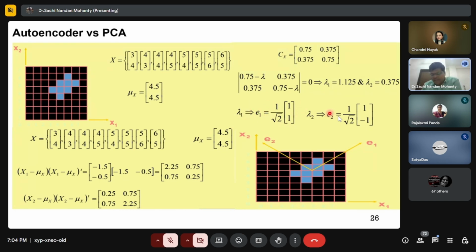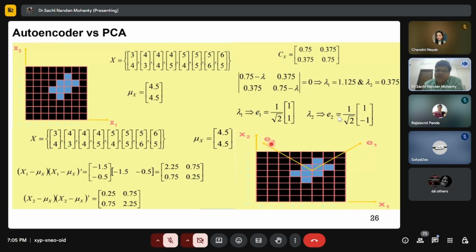And after getting these eigenvectors, what will we do? We superimpose these two vectors on this image. Now you see, most of the data points are towards E1 rather than E2.